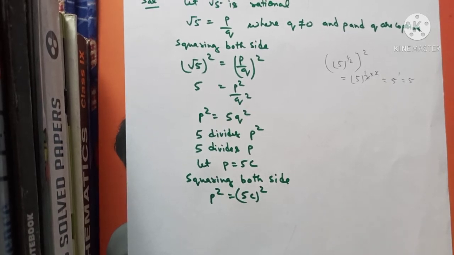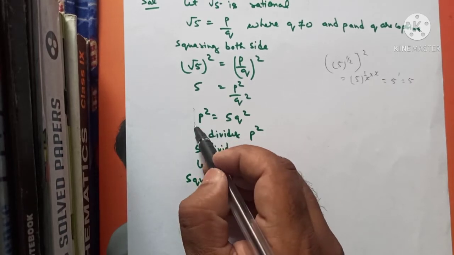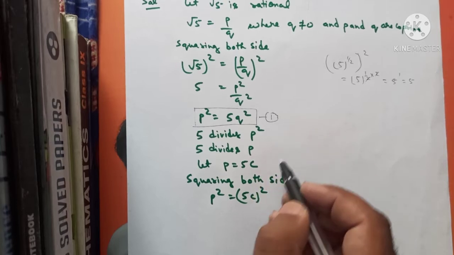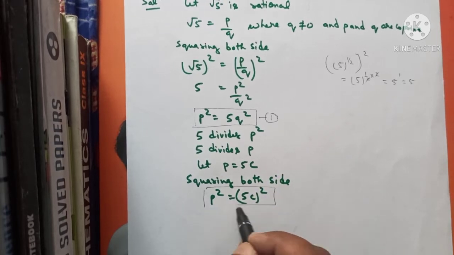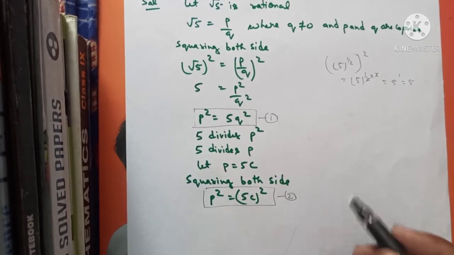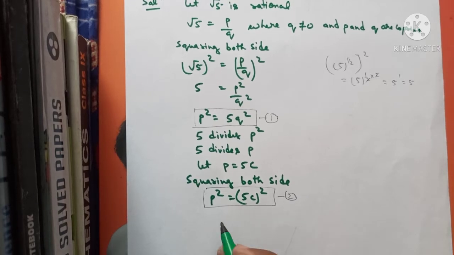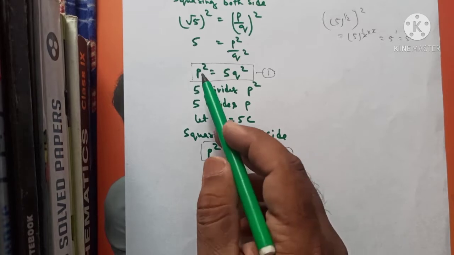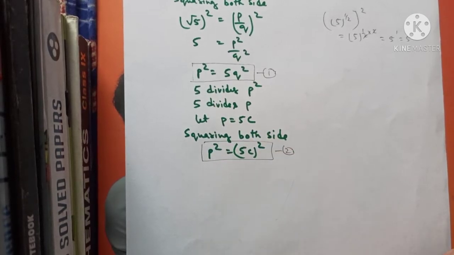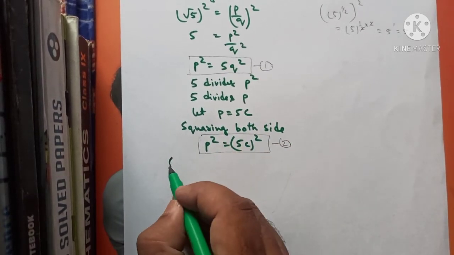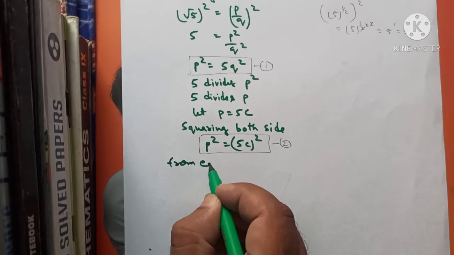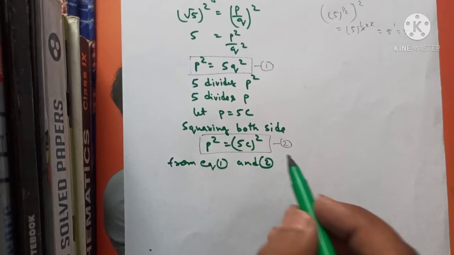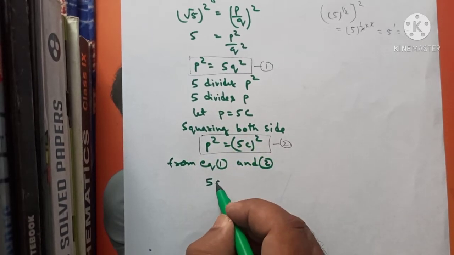So here, if I take p square is equal to 5q square as equation number 1 and p square is equal to 5c whole square as equation number 2, from equation 1 and 2 we can see that the LHS, left hand side, are equal, so the RHS will also be equal.